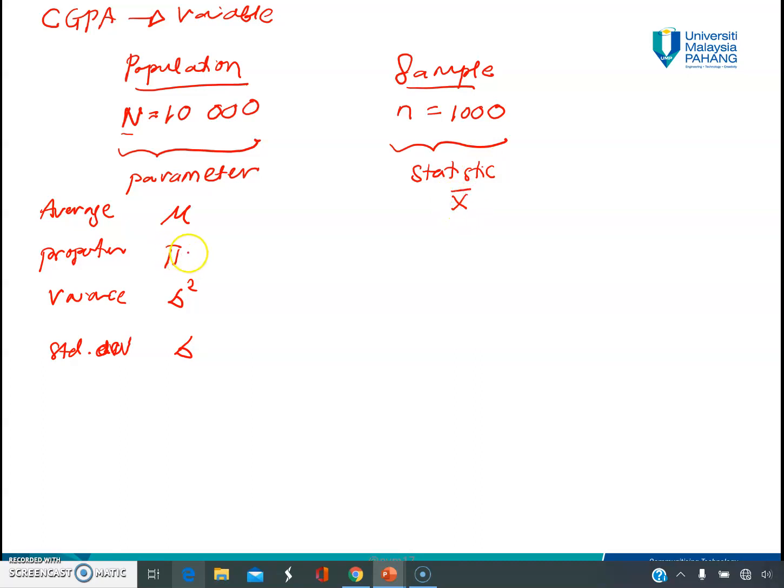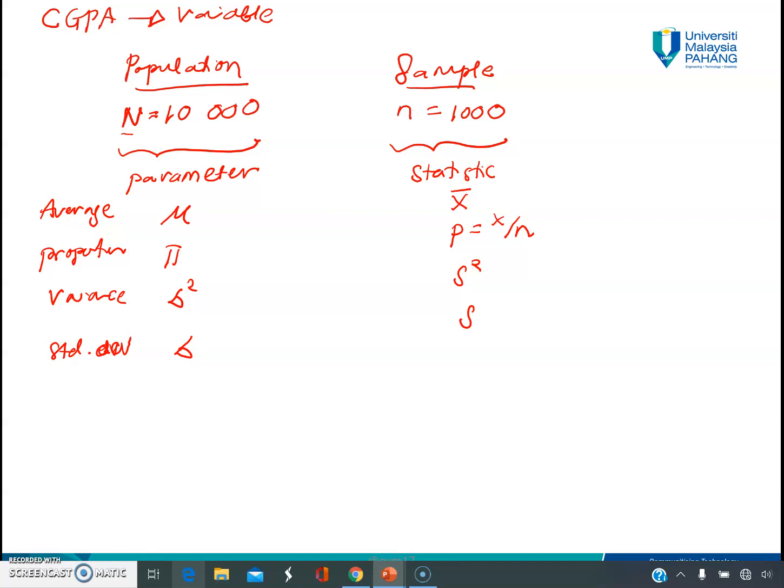If here is pi, the proportion, here you will have P, which is X over n. And then variance, sigma square, you will have S square here. And standard deviation, sigma, you will have S here. So this is very important. In chapter 2 you will use these 4 things, and also in chapter 3. You will have 4 parameters and 4 statistics.